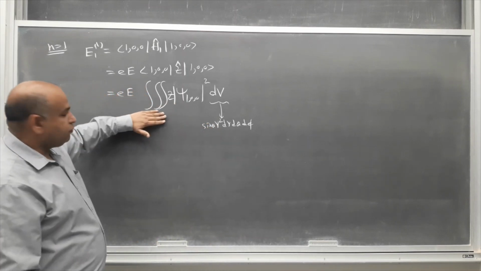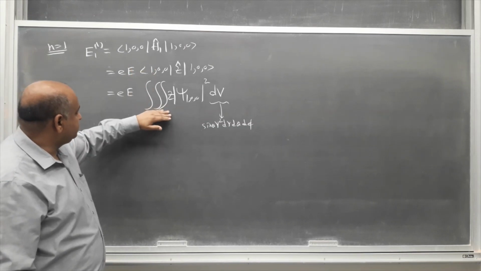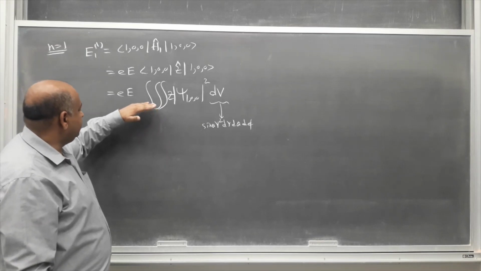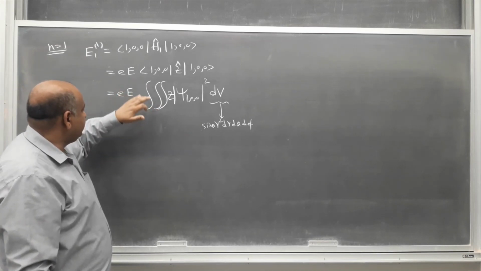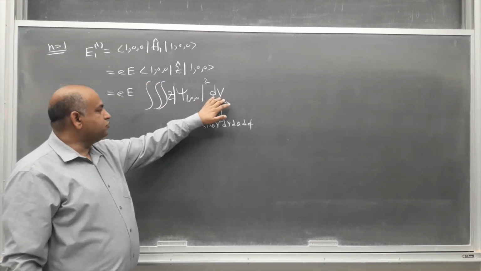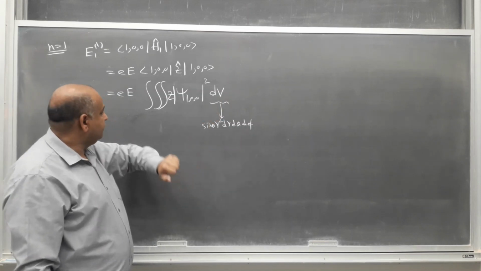The integration is over all space: theta is 0 to pi, phi 0 to 2 pi, r is from 0 to infinity. In principle, I can also do this integration with x from minus infinity to infinity, y from minus infinity to infinity, z from minus infinity to infinity, and use the Cartesian volume element dx dy dz.